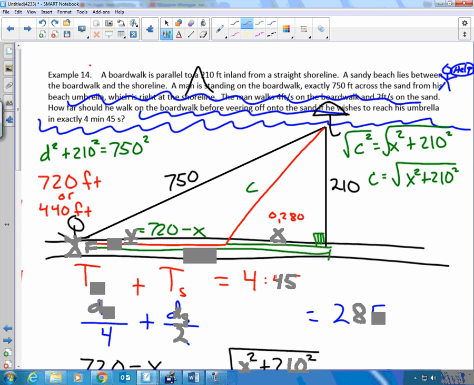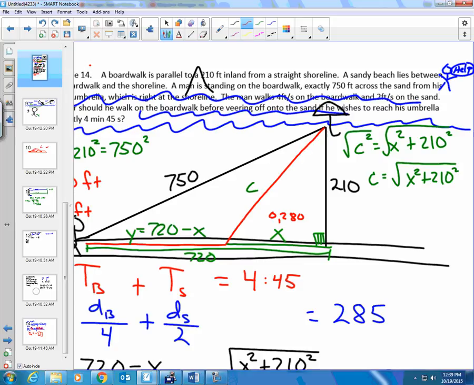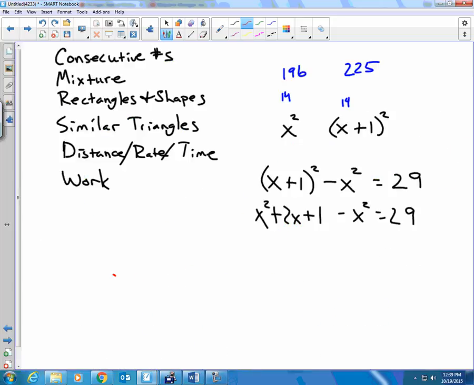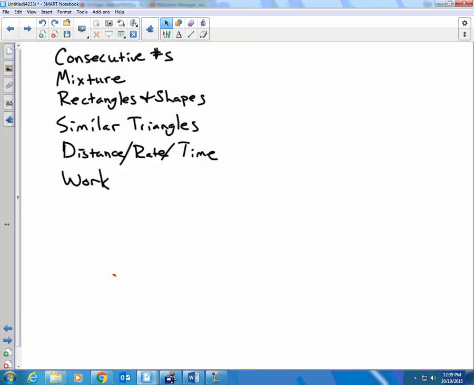Now, I know that looks kind of ridiculous, a little bit large, a little bit difficult. Every year, a number of students get this problem right on the test. So I put this on the test, but I give you choices of problems. Maybe on the test, I promise you that you'll have to be able to do a consecutive numbers problem, a mixture problem, a rectangles and shapes problem, a similar triangles problem, a distance, rate, and time problem, and a work problem.